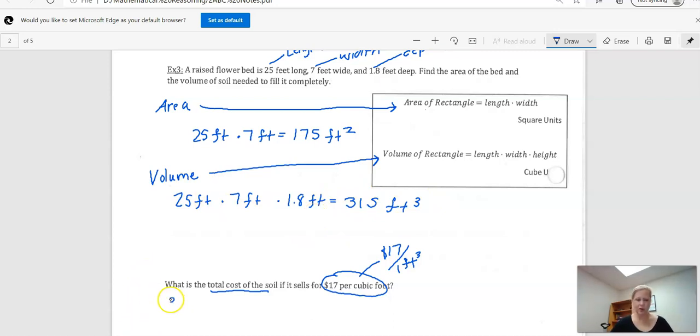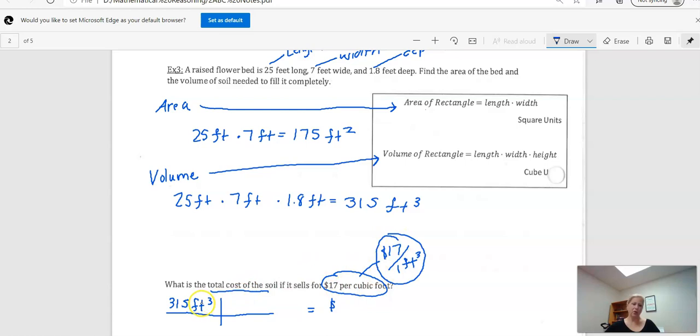So if we start out with our 315 feet cubed, and in the end we're wanting the total cost, so we really just want to know how many dollars. What we're going to need to do is get rid of feet cubed. Well, what we have to use is this.